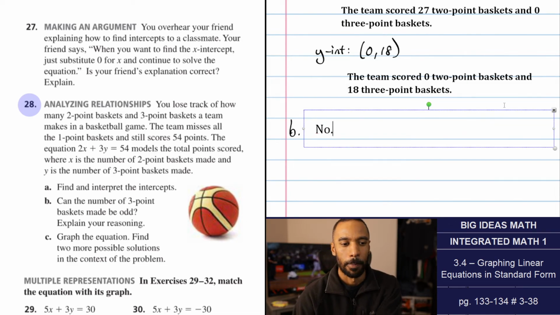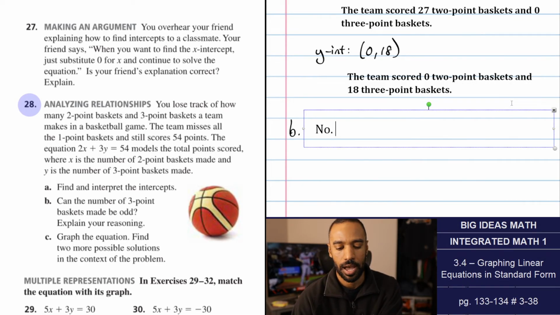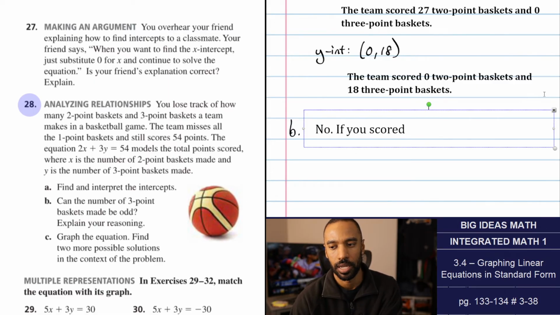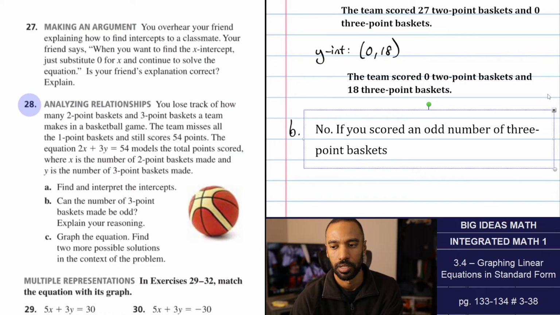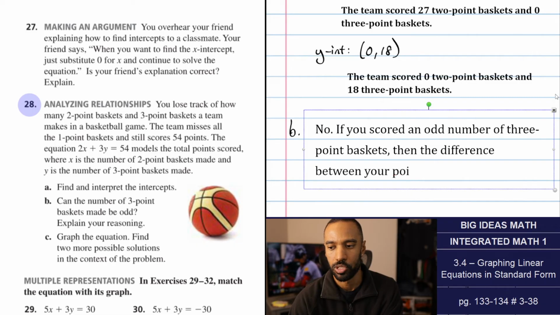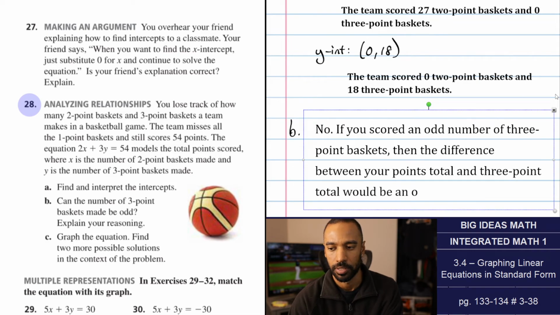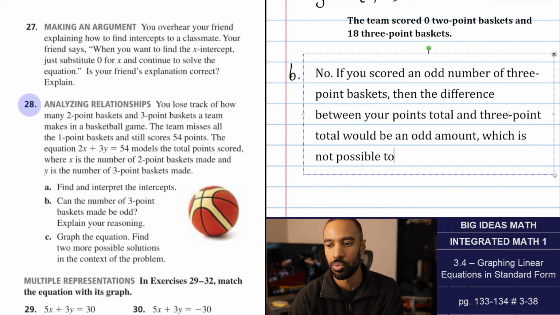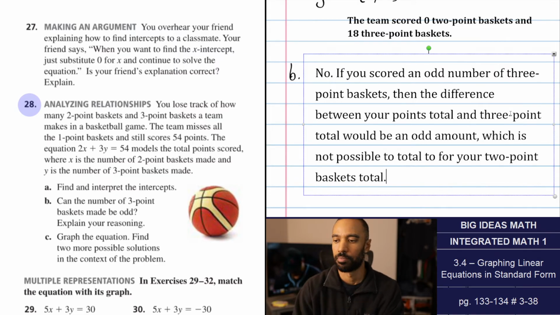No, because if you scored an odd number of 3-point baskets, then the difference between your points total and 3-point total would be an odd amount, which is not possible for your 2-point baskets total.